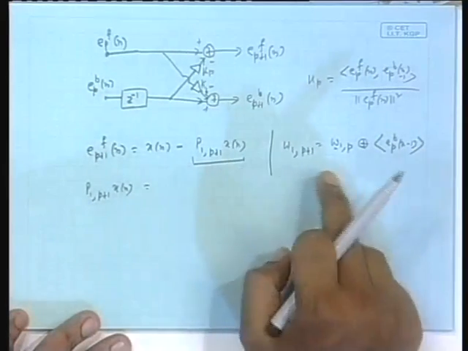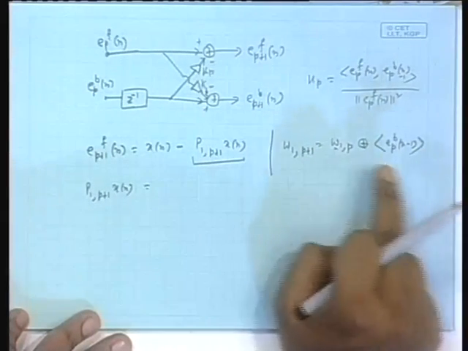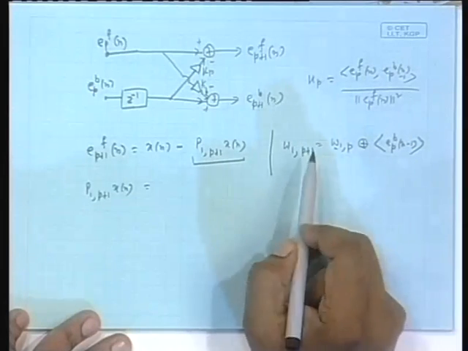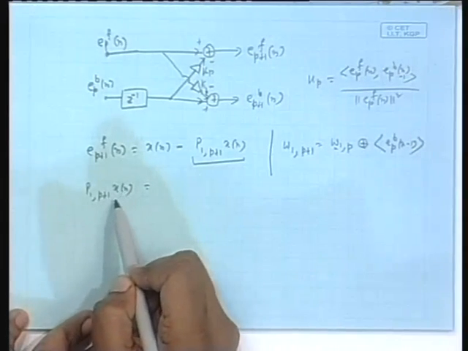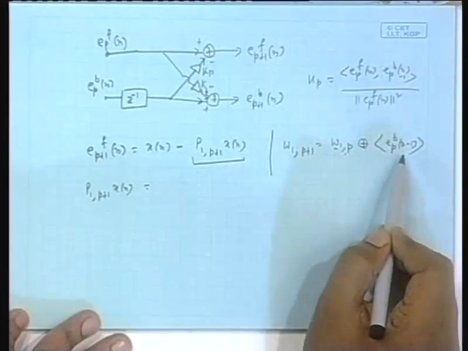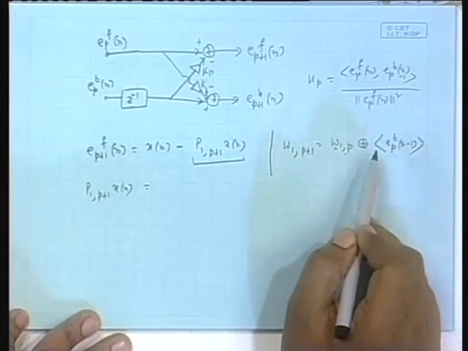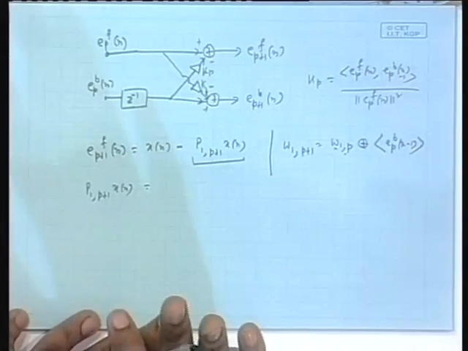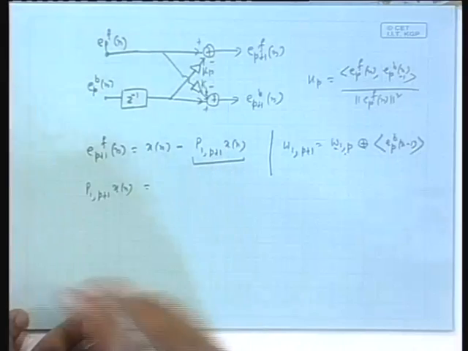Then I projected x n on this space, meaning projection on this and projection on this, isn't it? Orthogonal decomposition, that is what I did. So this projection on W1 comma P plus 1 of x n is nothing but the projection of x n on this space plus the projection on this, we add the two, and then you subtract from here. That is how we got the lattice stage. Do you remember or not? We got it that way, isn't it?